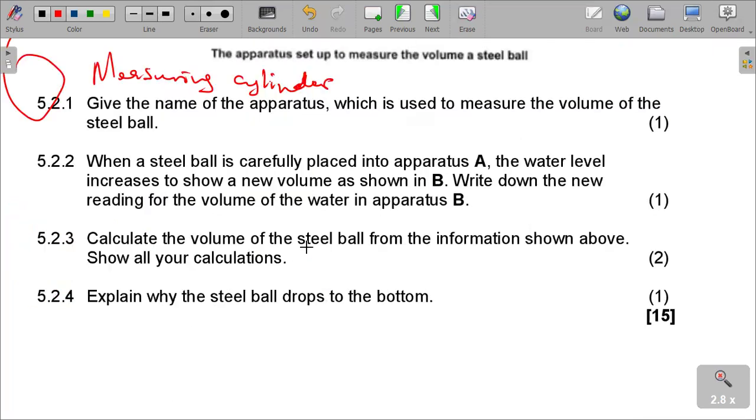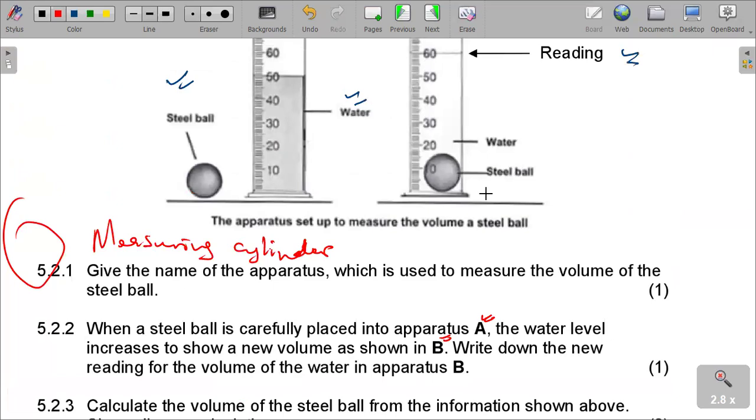And then the next question says: when the steel ball is carefully placed into apparatus A, the water level increases to show a new volume as shown in B. Write down the new reading for the volume of the water in apparatus B. The new volume is 60 centimeters cubed, which is given here.